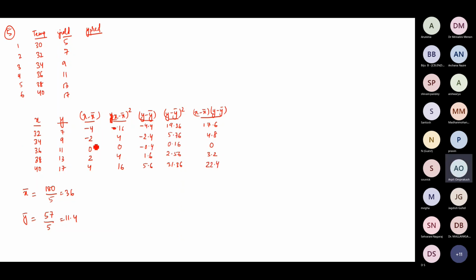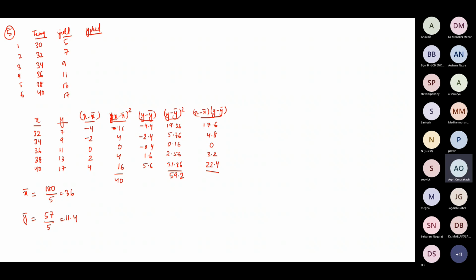Then we need the sum of each column. For y minus y bar whole square, it is 19.36 plus 5.76 plus 0.16 plus 2.56 plus 31.36, which is 59.2.